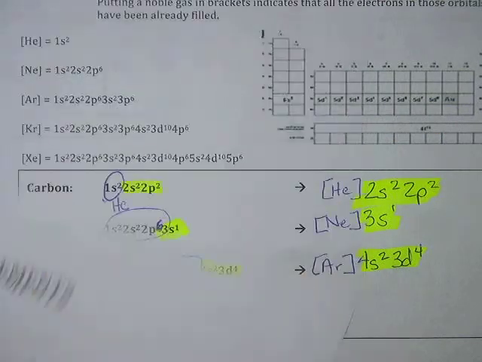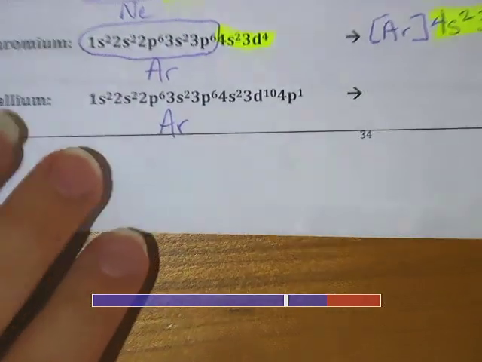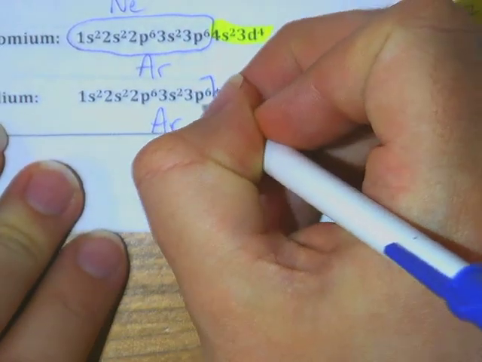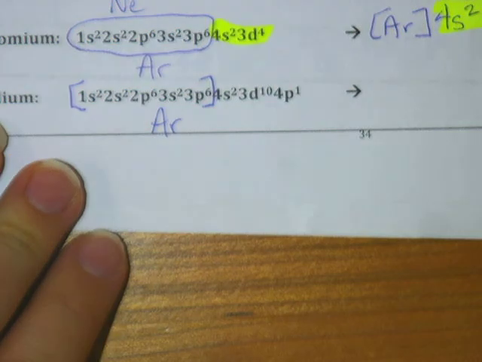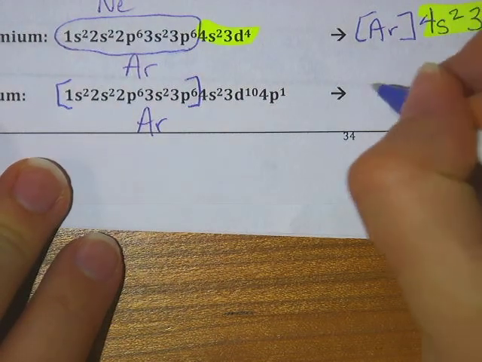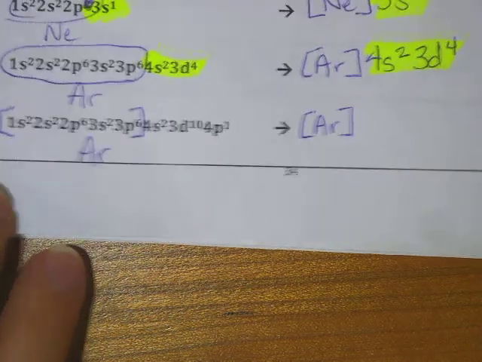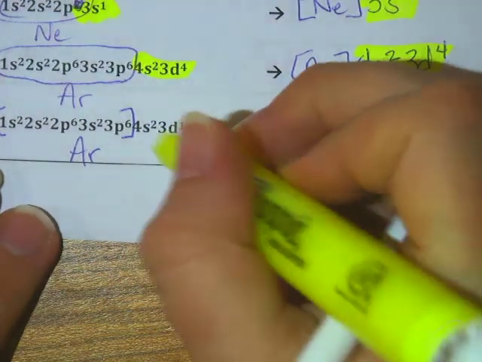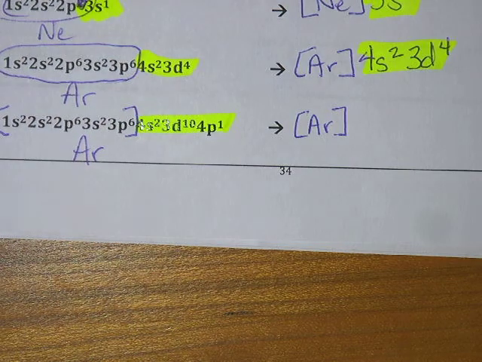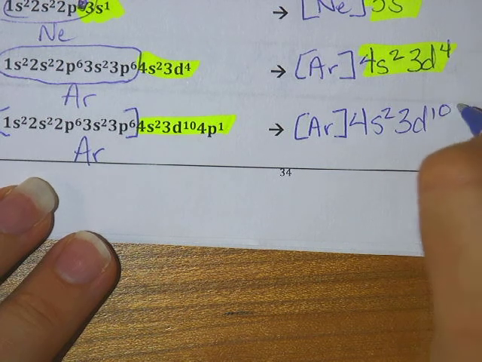That means argon ends at 3p6. So instead of writing all of this from the beginning through 3p6, that is what I'm substituting in argon for. And then this leftover bit, 4s2, 3d10, 4p1, that's the only part extra that I still have to write.